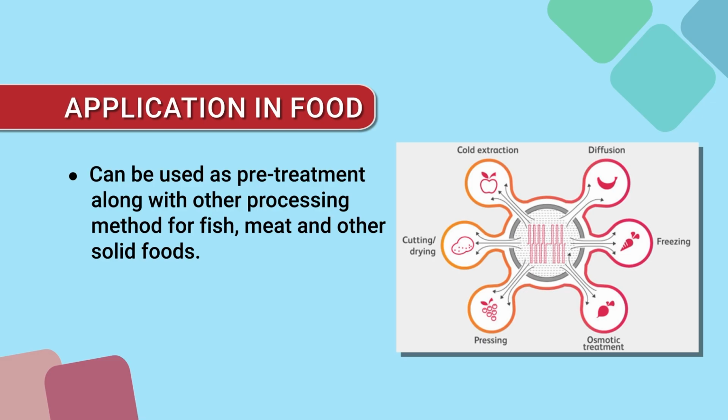Like extraction, cold extraction, cutting, drying, or the osmotic treatment. If there are plant products which are exposed in the form of slices, or in whole form or large size, what will happen? The cell will be influenced, so cellular breakdown would be there.